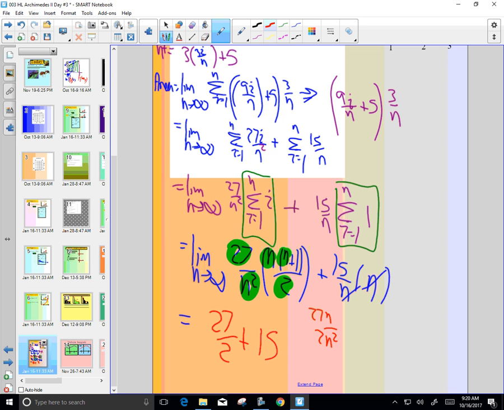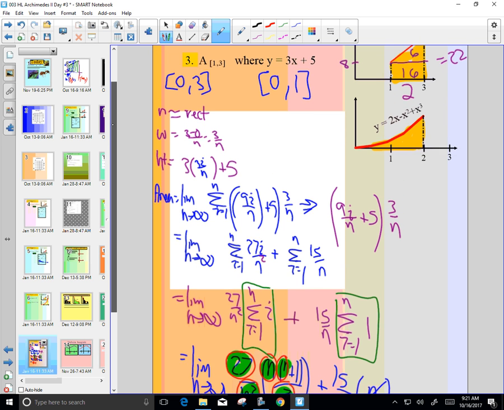What happened to that? If your limit goes to infinity, it goes to 0. So we only care about the greatest exponent of n. I circled the coefficients and the greatest exponent of n. 27n squared over 2n squared is 27 over 2. 15 times n over n is just 15. So we're going to hold on to that.